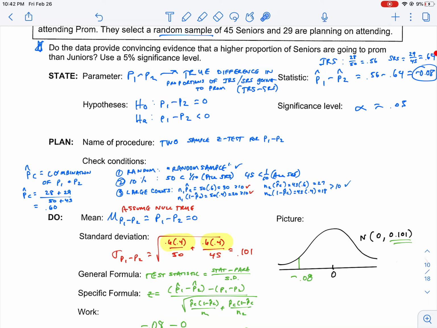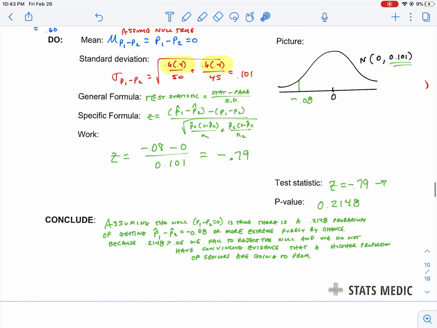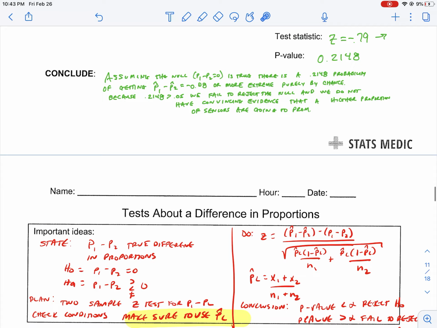You lay out what we actually got from our sample, define the alpha level, definitely name the test, must check conditions, have to talk about our mean and standard deviation so that we can put them into our picture. And then when you do this formula and the standard deviation formula, find your z-score and get your p-value, really important in your conclusion to include your context and say very definitively, do you reject the null or do you fail to reject the null? And then what does that mean? So what do you have convincing evidence of?